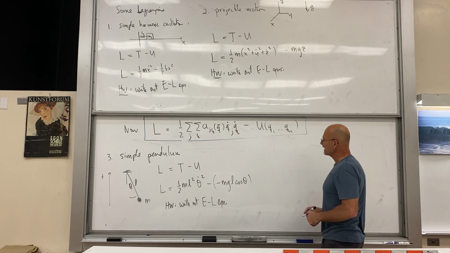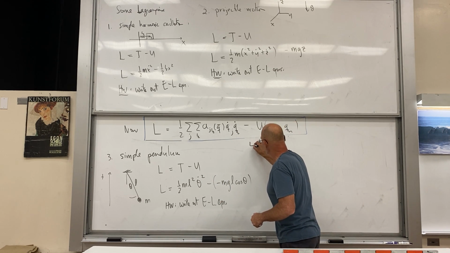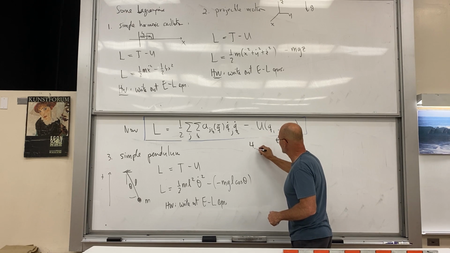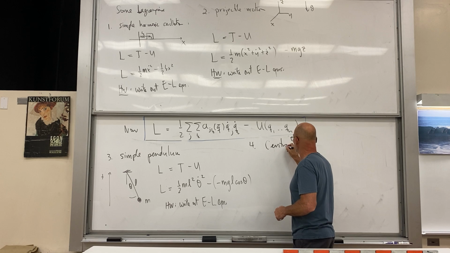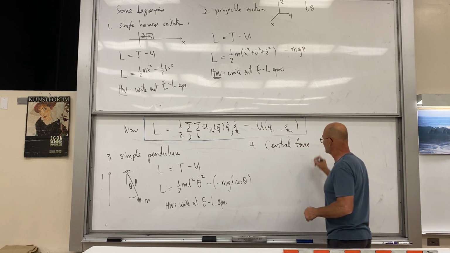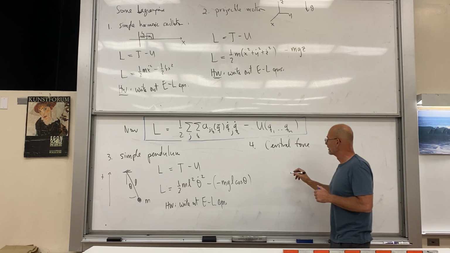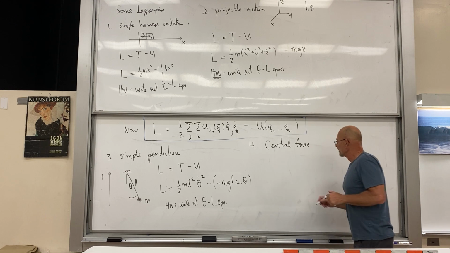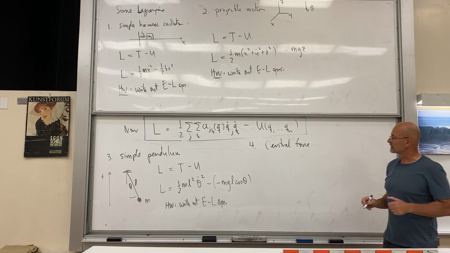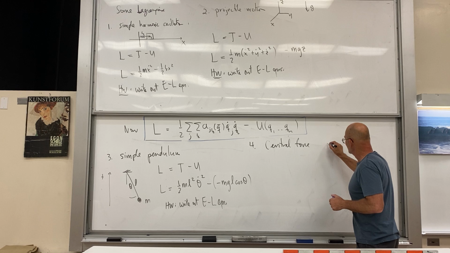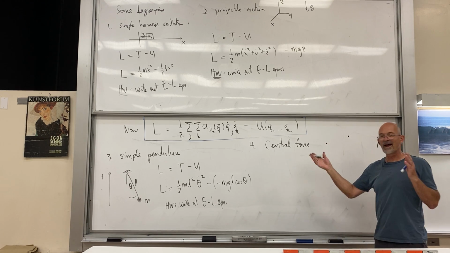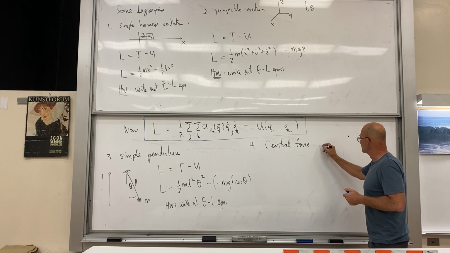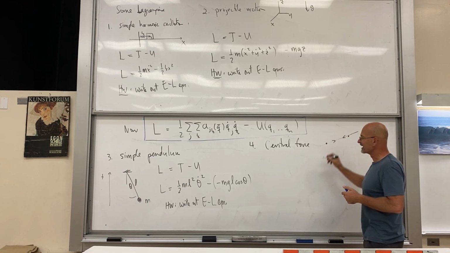And finally, let's do this plane polar coordinates. No, central force. So central force, what does central force mean, first of all? It's that if you have two particles, say gravitating particles, the force is along the line joining them.